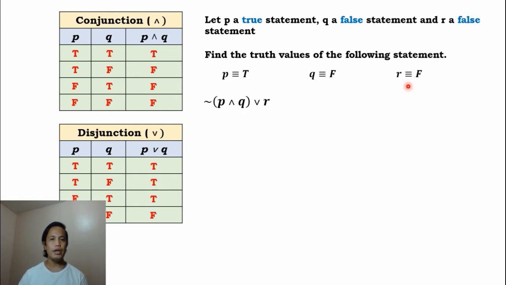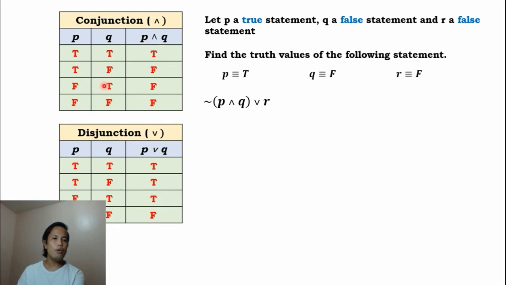Now we determine the truth value of this statement: the negation of P and Q, or R. How do we determine the truth value given that P is true, Q is false, and R is false?